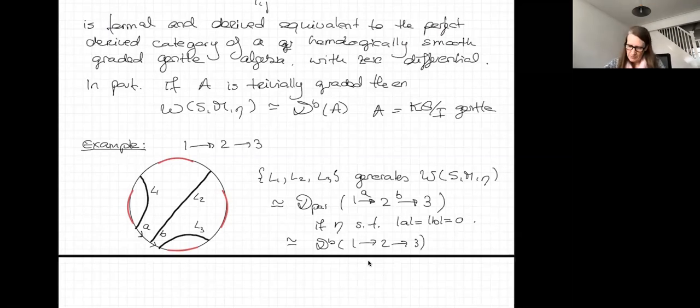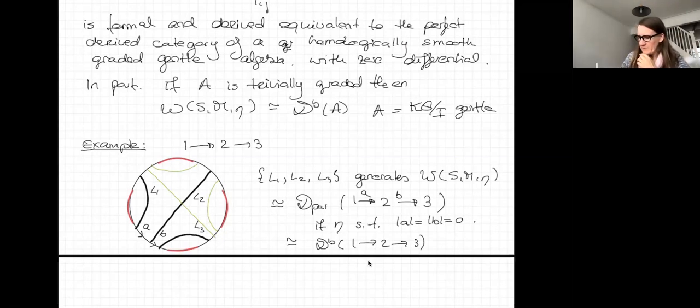What other curves do we have? We have this curve, and this curve, and this curve. So we really find that fundamental domain of the AR quiver here, which is the same objects as above. So up to shift, these are the indecomposable objects in the derived category.